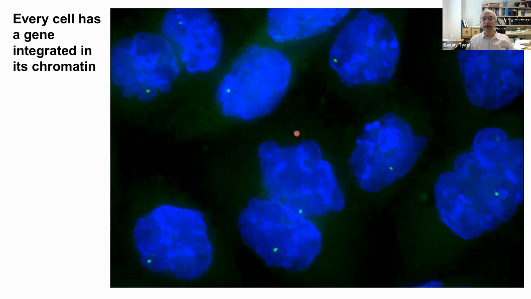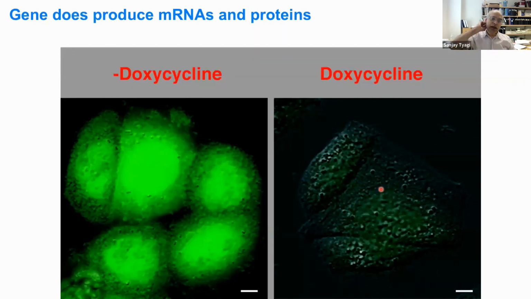And you can see by DNA FISH, every cell has that gene. And when you remove doxycycline from the culture medium, they produce GFP, meaning they were able to transcribe the RNA and translate it. So the gene was functional.